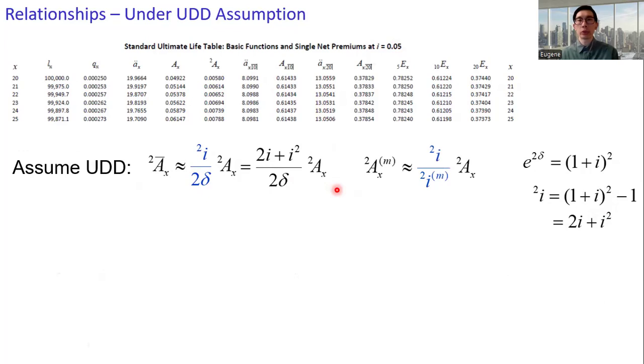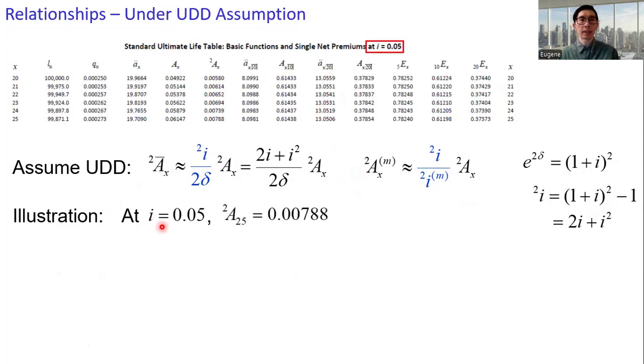This also applies to the n-thly insurance. Let i equal 5%, and then get back to A_25, the second moment here, 0.00788.